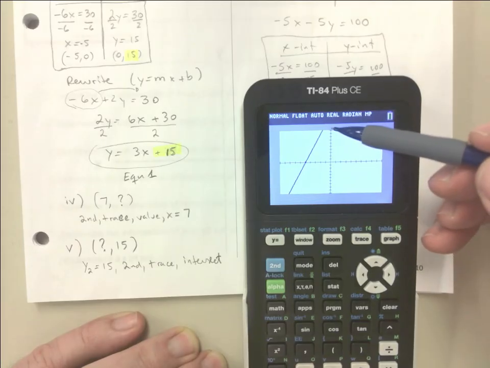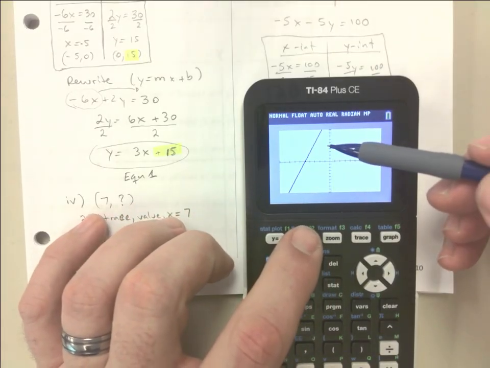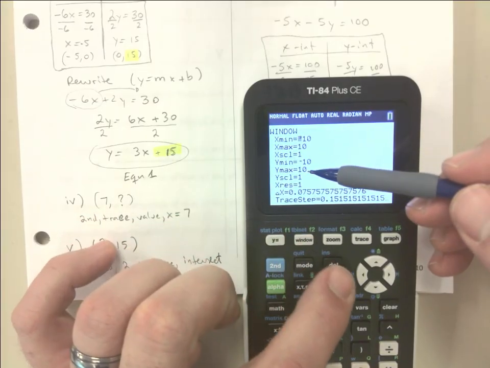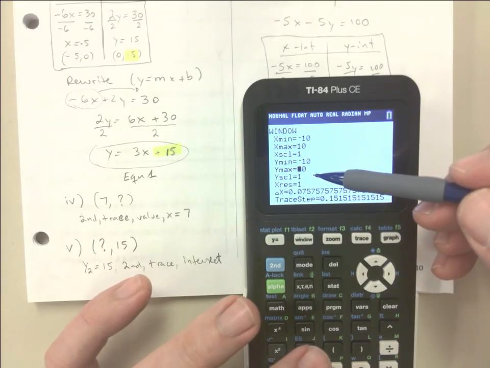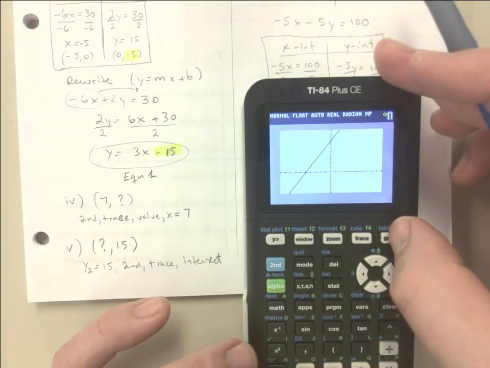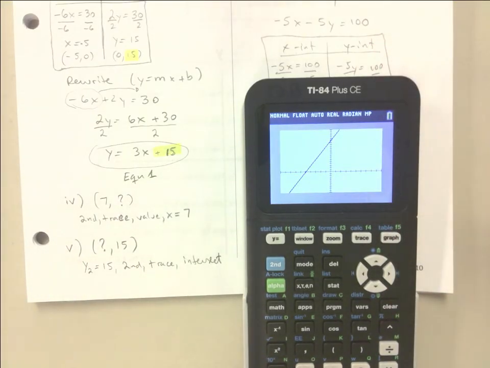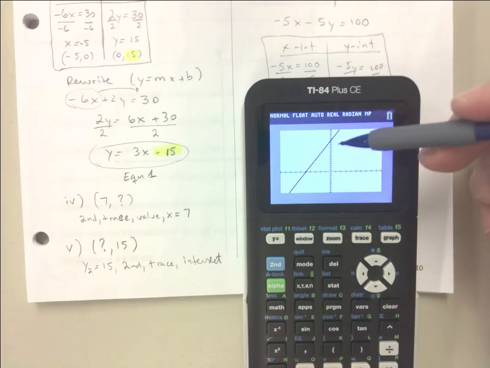I just don't see the y, so I'm going to go, window, and I need to increase the y max. I keep forgetting that it's been a little while since you did this stuff. I'll turn y max into 20, and that's a pretty good graph there, right? You see the x and the y intercept. So basically try to do a zoom standard, zoom 6, and then increase your y max by a little bit until you start seeing it.